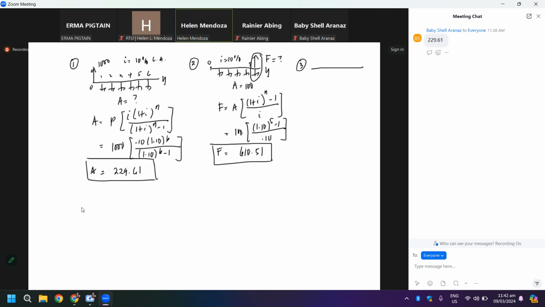Halimbawa, tinanong natin ang A, tinanong natin ang F. Halimbawa naman, tinatanong natin ang P. Tapos 0, 1, 2, 3, hanggang 10.